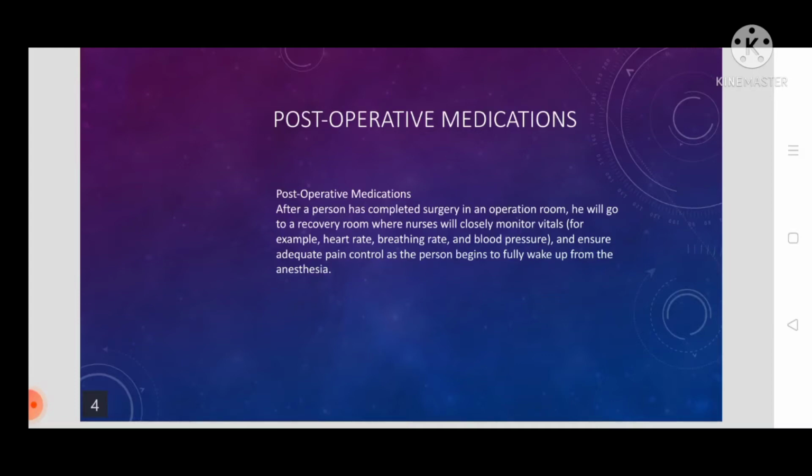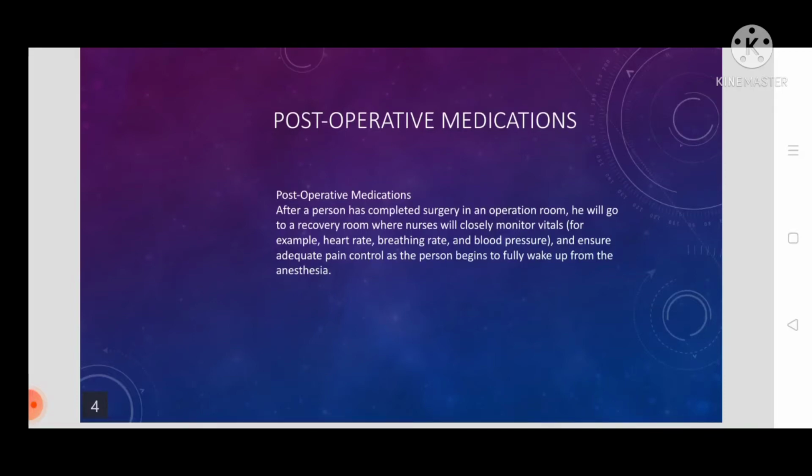So that is the example of the after surgery. The nurses closely monitor us in the recovery room and ensure adequate pain control as the person begins to fully wake up from the anesthesia.